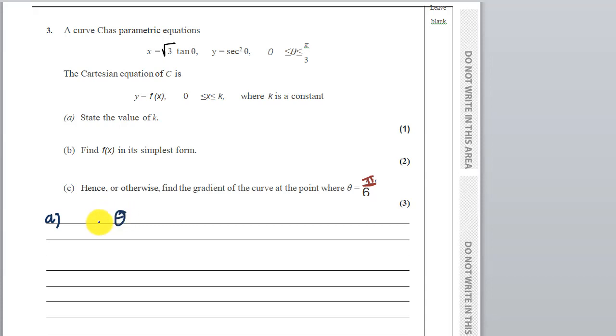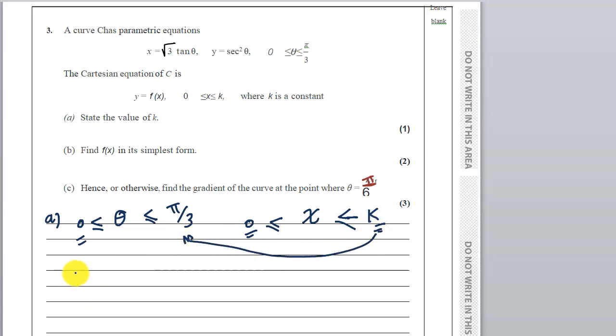Now theta bigger than or equal to 0 and less than or equal to pi over 3. We have x bigger than or equal to 0 and less than or equal to k. We need to find the k. To find the k, we will use theta equal to pi over 3.